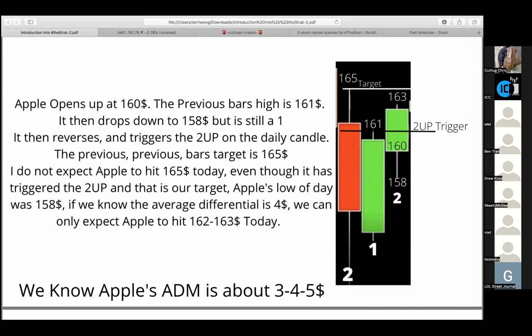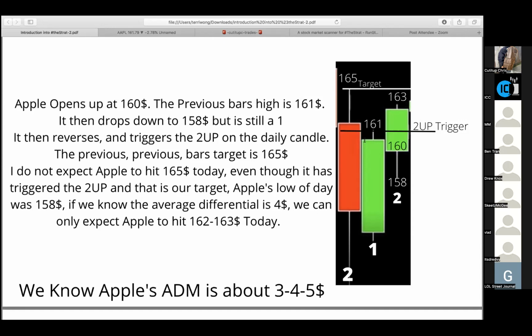So if we're expecting this thing to hit a 165 target on this daily trade, because once it triggers that two up, we're hopping in this trade. We chose the direction. Technically, our magnitude target is 165, but we know the ADM is only about $3, $4, $5. So you can't expect Apple to hit 165 because it already dropped to 158. Y'all get what I'm saying?